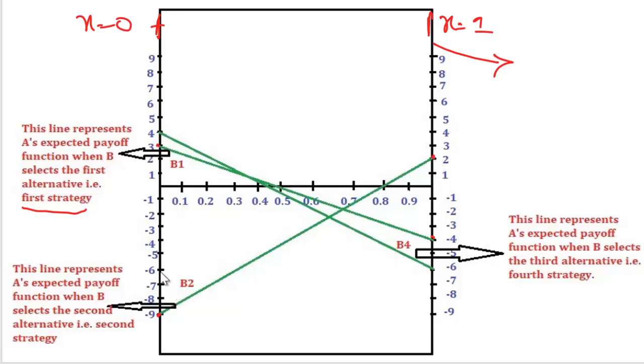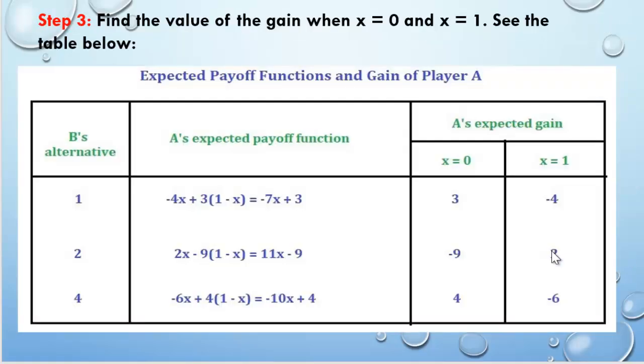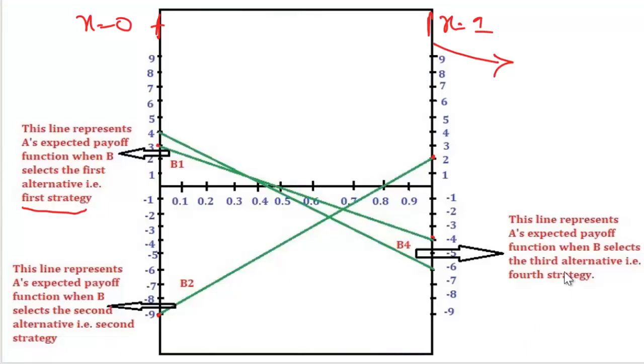And then if B selects the third alternative, that is the fourth strategy, then what are my points there? They are 4 and negative 6. So 4 on this side and negative 6 on this side. So I make a line. I made all these lines, and if there are other lines also, we have to draw them together. And then we go to step 5.